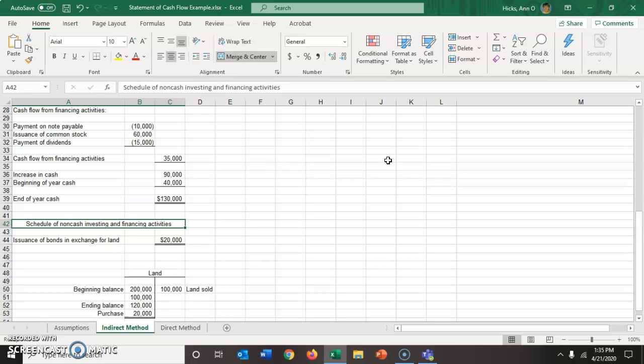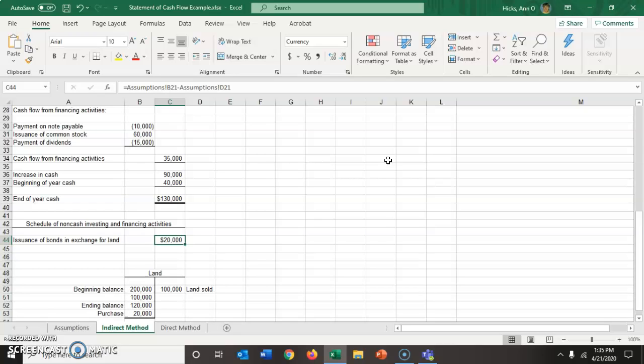So either at the foot of the statement of cash flows or more frequently in the notes, we're going to have what is called a schedule of non-cash investing and financing activities. And there we're going to identify that we know we issued bonds in exchange for land to the tune of $20,000. That lets the reader know there's a reason we left those changes off the statement.